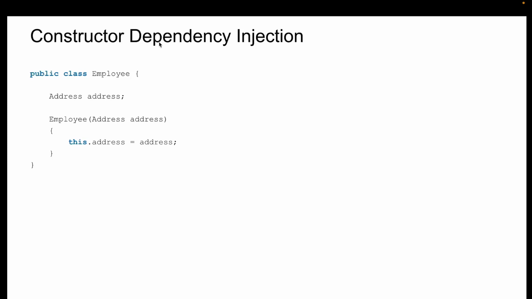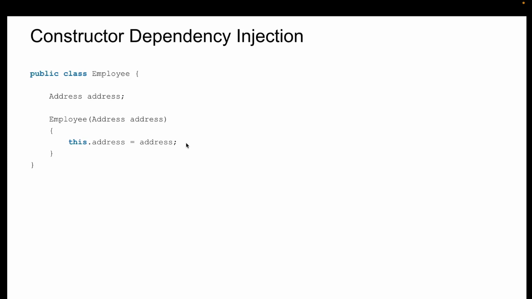See, this is an example of a constructor dependency injection. We have our employee class, and this address is present as a data member or a member variable, and we have created the constructor of this employee class, a parameterized constructor, and we pass this address as the parameter here, and this is the initialization of this data member.